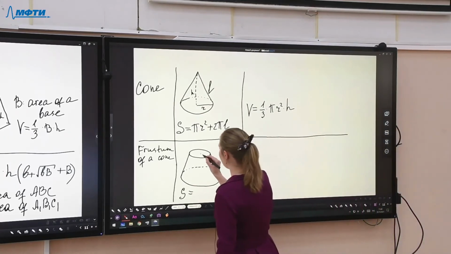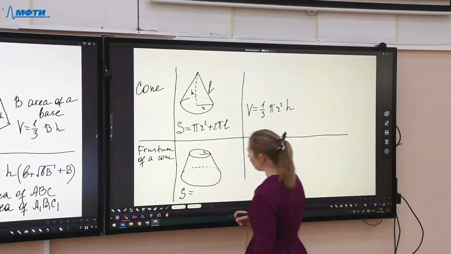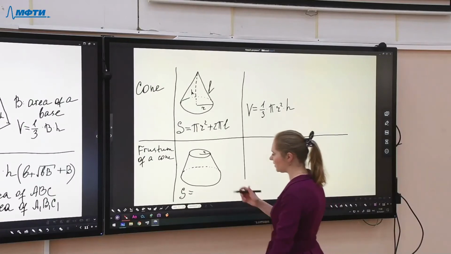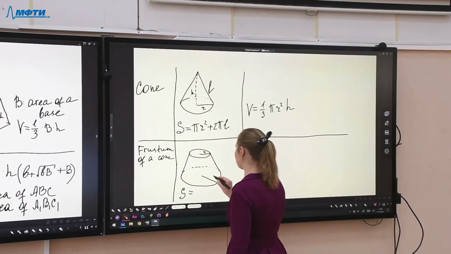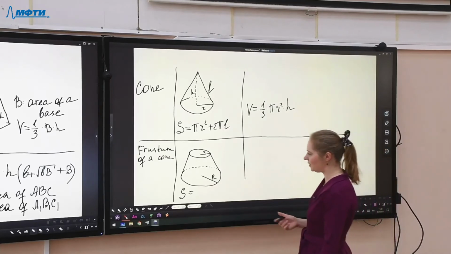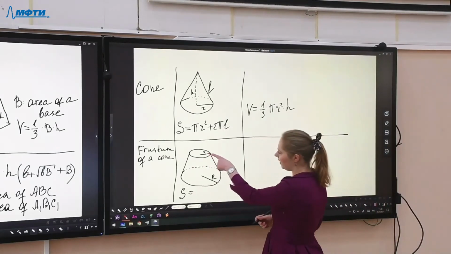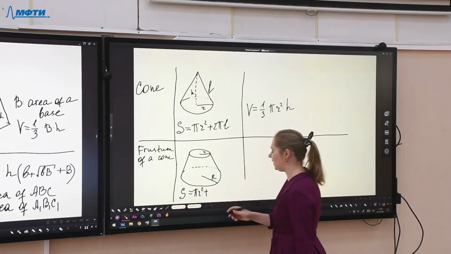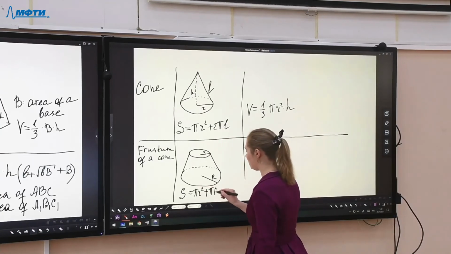If small r is the radius of a small circle and uppercase R is the radius of a big circle, the area here will be pi small r squared. The area here is pi capital R squared.